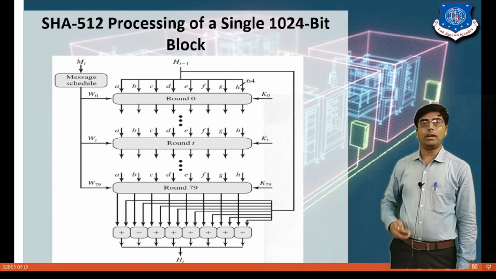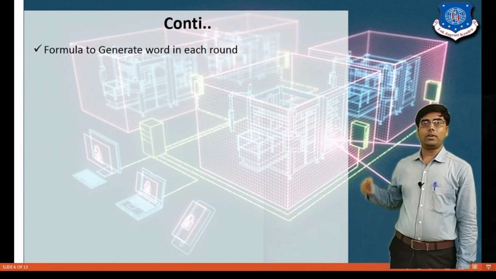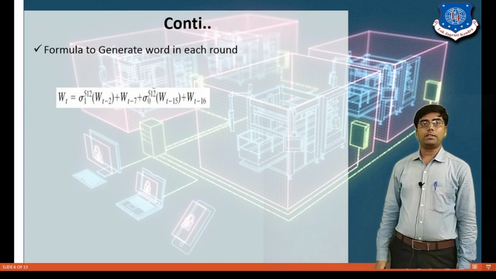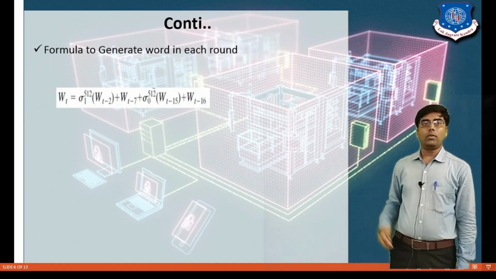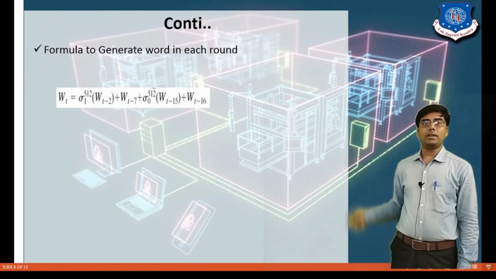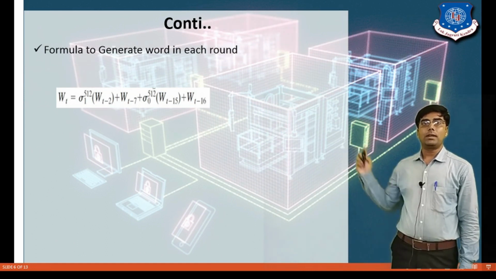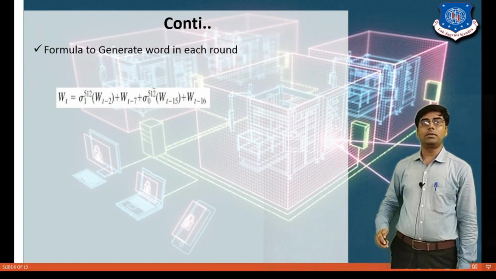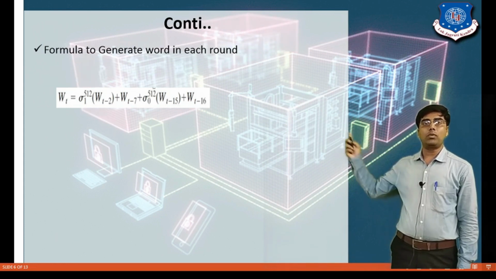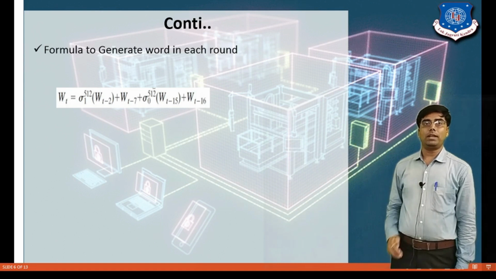There is one formula for that. So let's see the formula to generate the word in each round. The first formula: W_T equals sigma 1 512 inside bracket W_(T-2), plus W_(T-7), plus sigma 0 512 inside bracket W_(T-15), plus W_(T-16). T represents the round number, and T starts from 16 to 79.